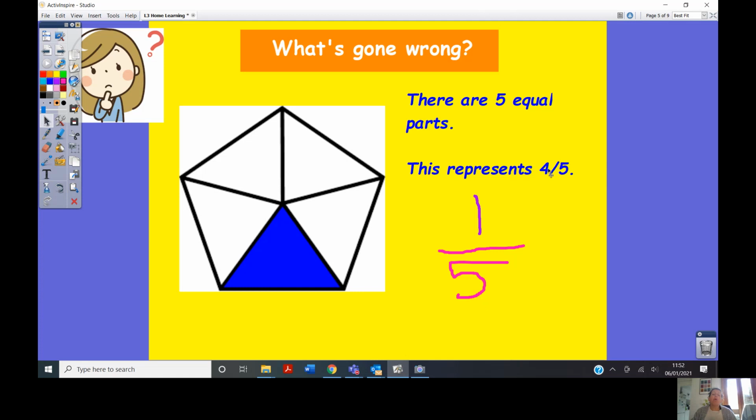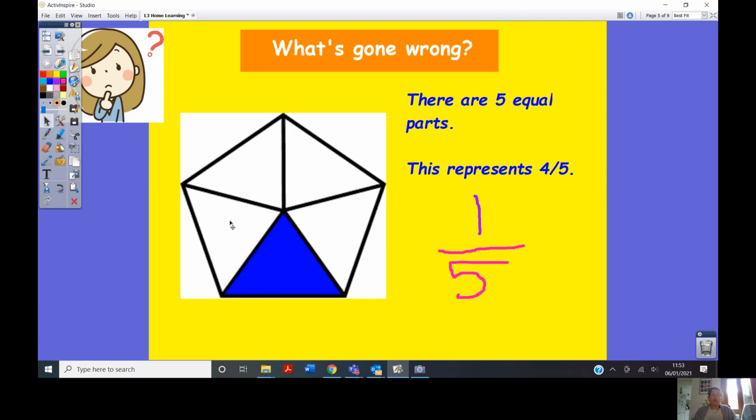So this picture represents 1/5 of the shape, which has been shaded. 4/5, so 1, 2, 3, 4 parts haven't been shaded. So 1/5 has been shaded.